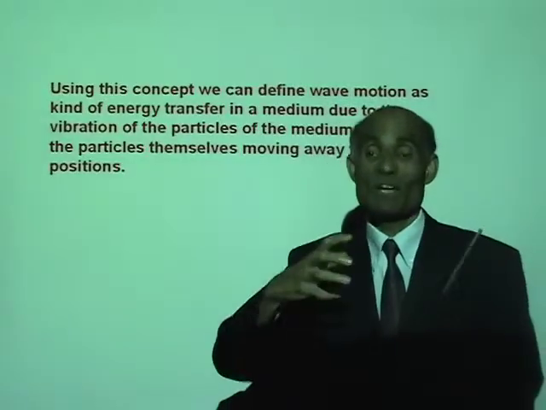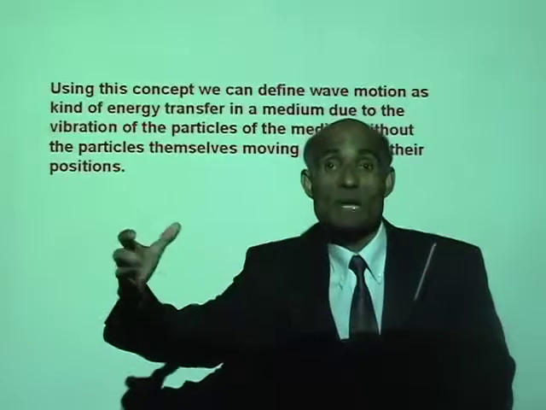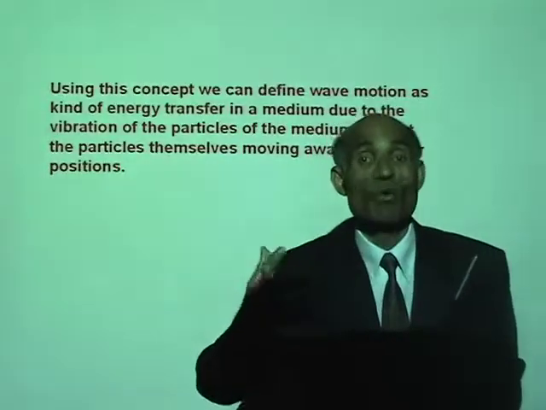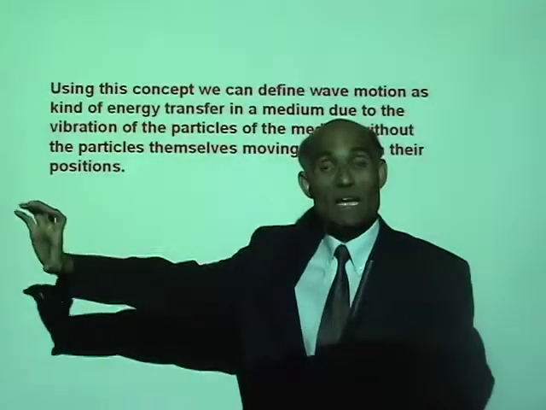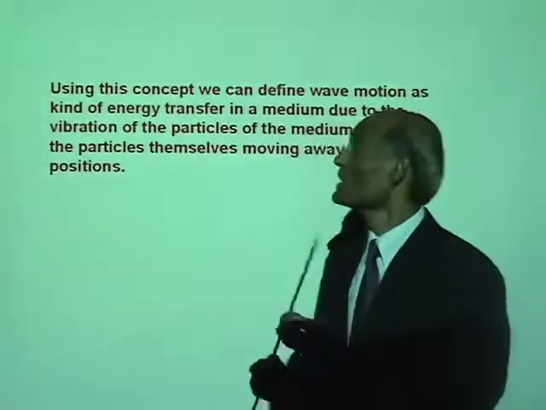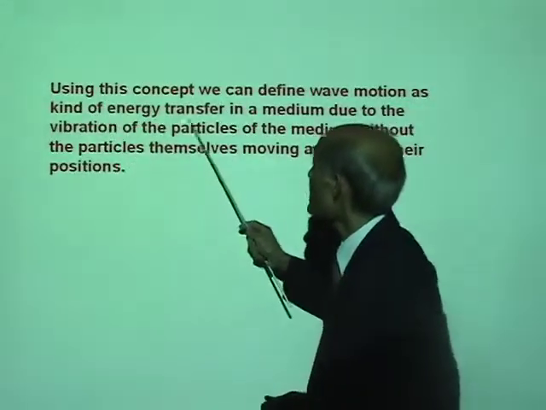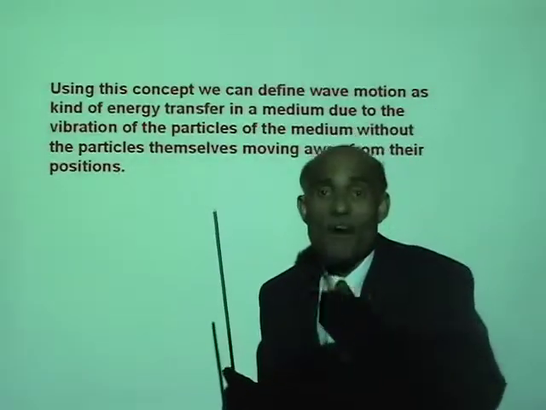In other words, a wave motion can take place in air. Air is a medium. Wave motion can take place in water. Water is a medium. Wave motion can happen in a spring. Spring is a medium.